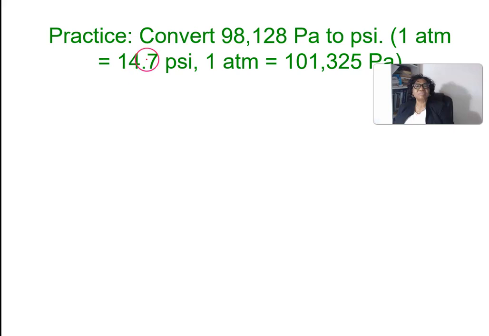Let's take this example. Convert 98128 Pascal to pounds per square inch. They're giving us the relationship to get the conversion factor. So what you need to do is 98128 Pascal.